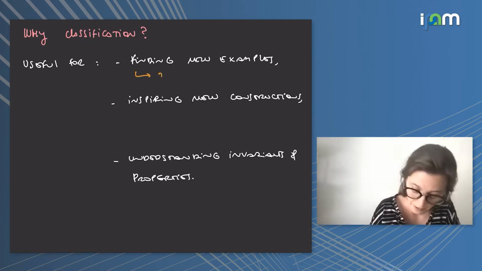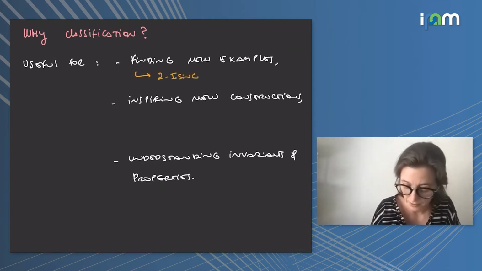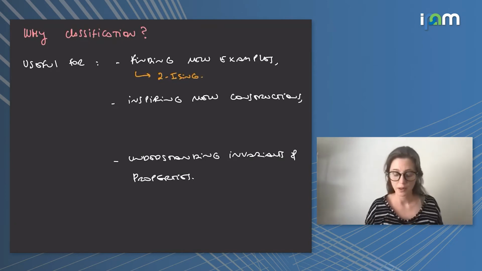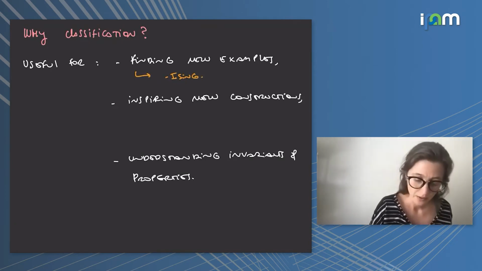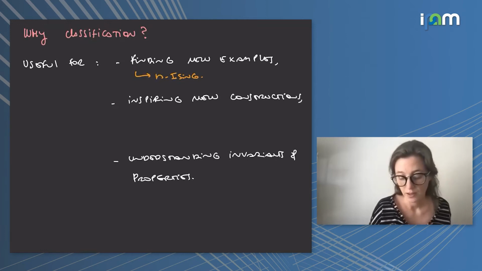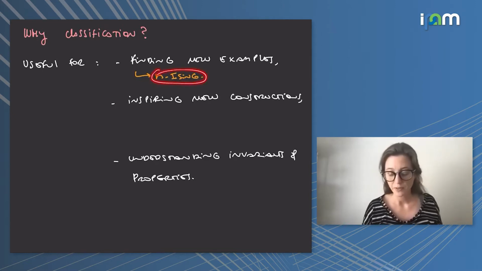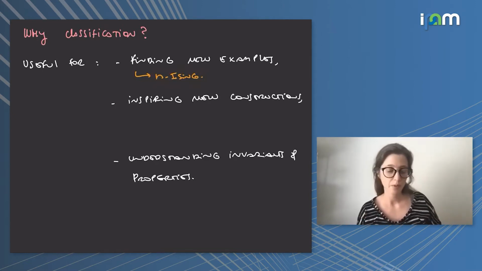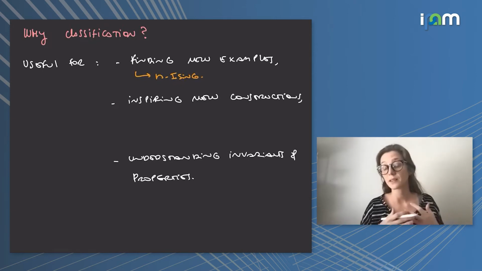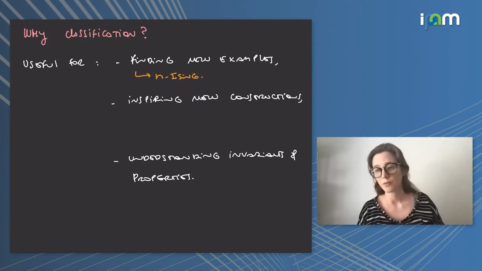For example, the 2-Ising category. I might say something or not about the n-Ising category. That generalizes a nice category called Ising, which is a modular category, and it's very important. They were classifying a certain specific type of fusion categories, and they found that there is actually an infinite family of categories generalizing this one.